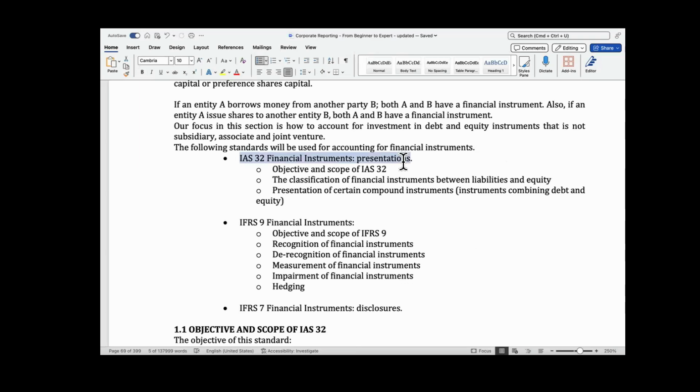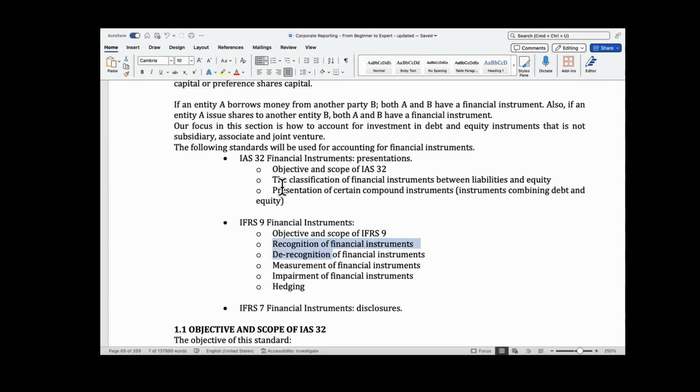And we're also going to use IFRS 9 on financial instruments recognition and measurement. Basically, we learned some part of IAS 32 last week and also some part of IFRS 9. Tonight, I would conclude the IFRS 9 part and also move to some part of IAS 32.